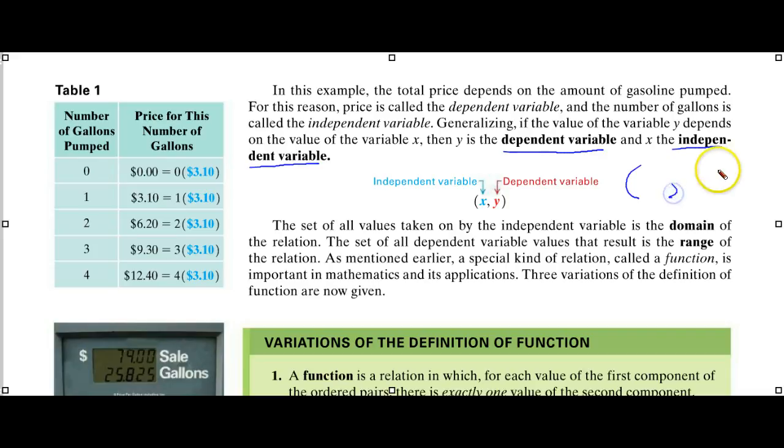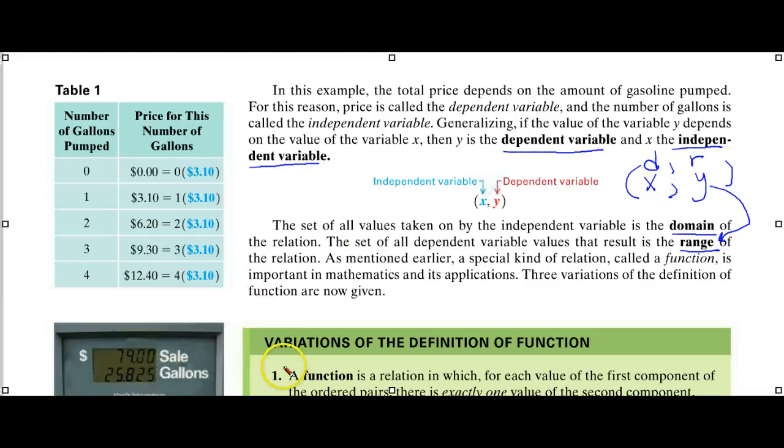When we have an x and y, the x element of an ordered pair is the domain, and the y element is the range. If we put x and y alphabetically, that's the way they are, and if we put d and r alphabetically, you see they line up. So that's a way to remember which is which: x comes before y and d comes before r.